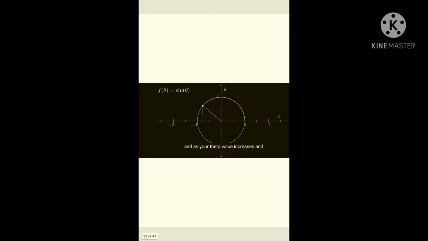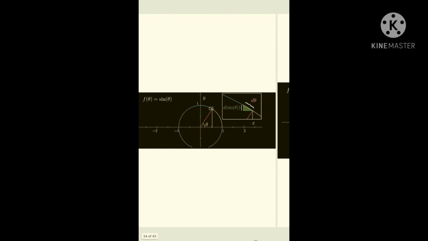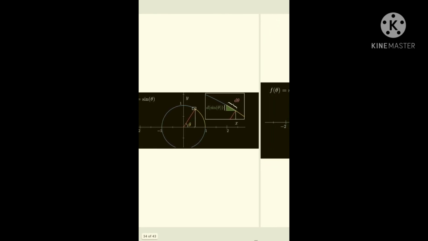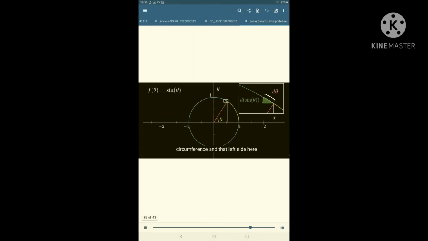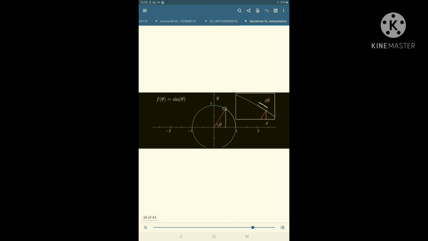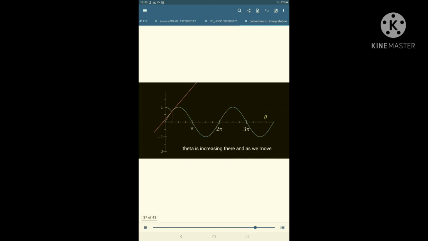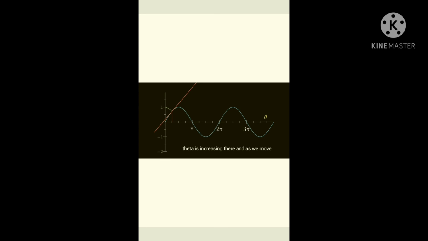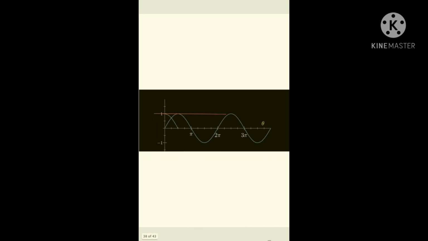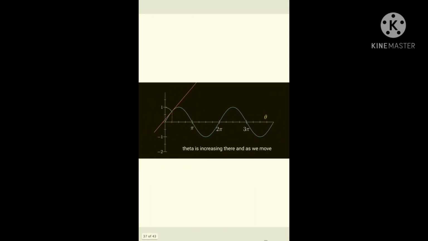When you are moving, you can measure your angle, and it is indicated as d of sine theta over d theta. See, this is the graph of the sine function and I am moving a tangent through this. Then how does it work?